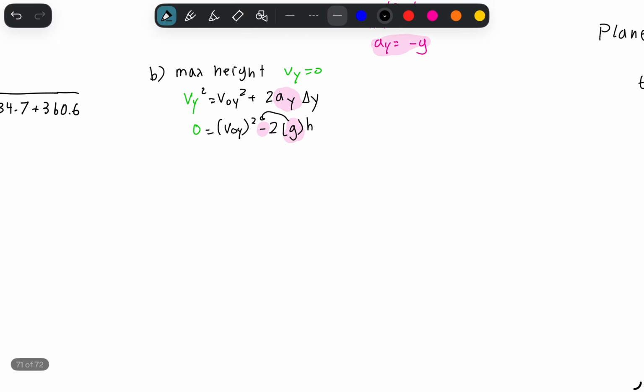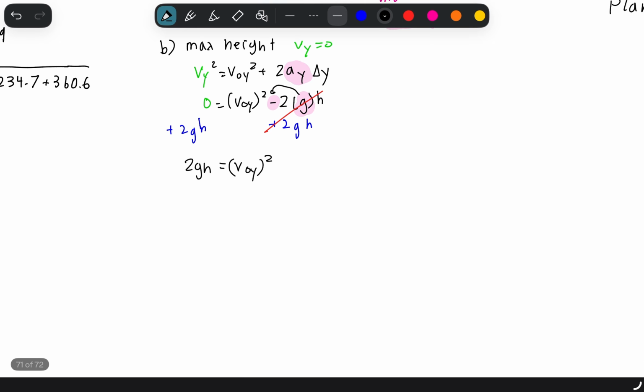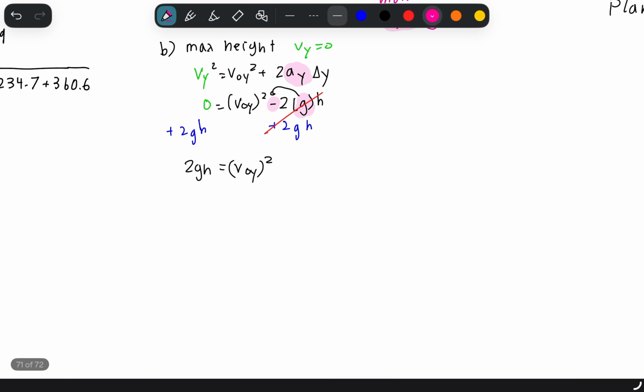So back to our equation, we are just going to solve for this now. We can add 2gh to both sides, and when you do, this cancels out. You're going to have 2gh is equal to V initial y squared. What you want is to isolate your height, because we're getting that max height.